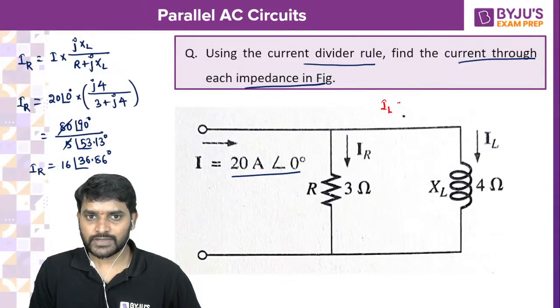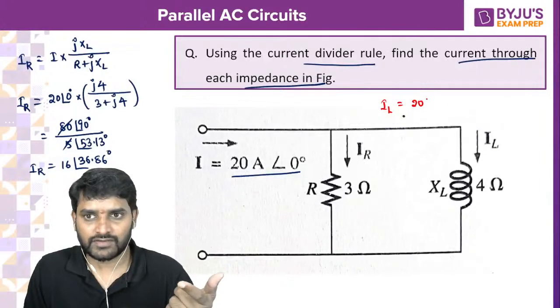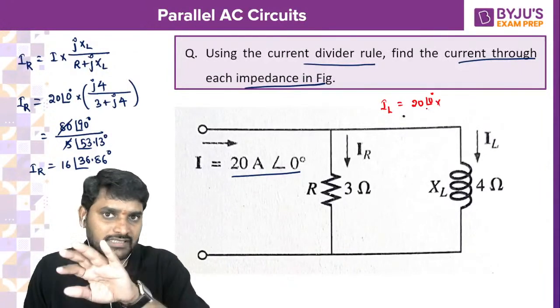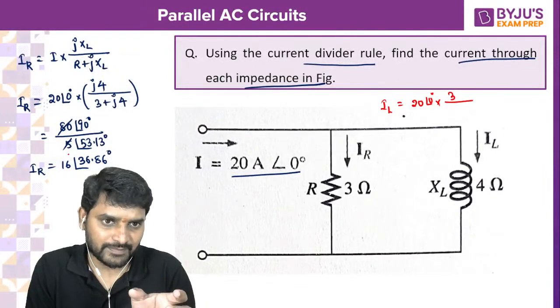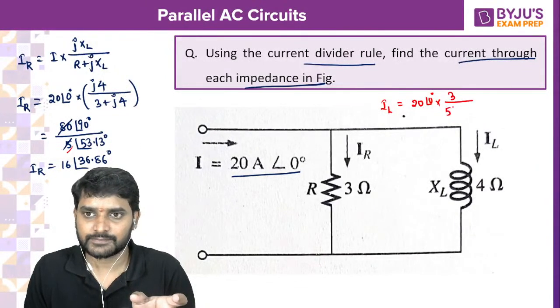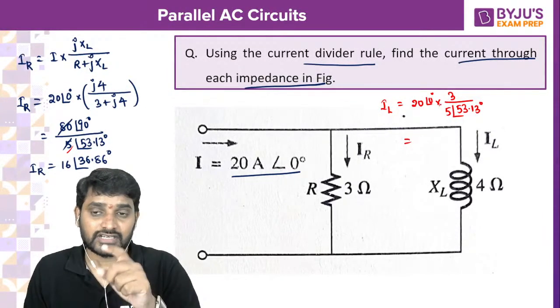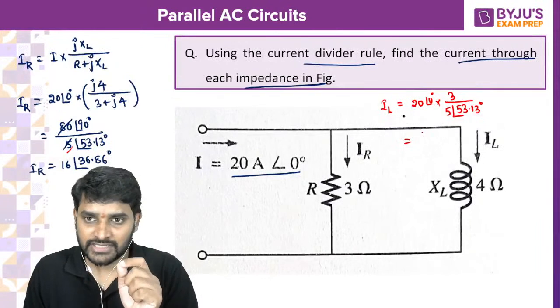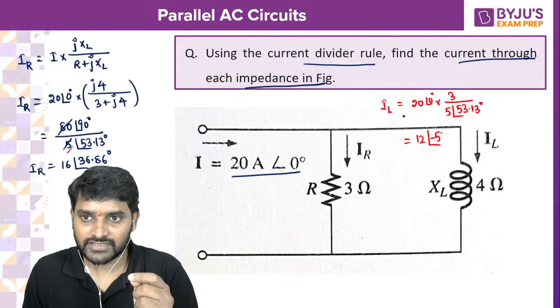Current through the inductive reactance will be total entering current, 20 at an angle 0, into the other branch resistance 3, divided by 3 plus J4. Already we did 3 plus J4, that is 5 at an angle 53.13. So 20 into 3 is 60, and 60 by 5 gives you 12. 12 at an angle minus 53.13.